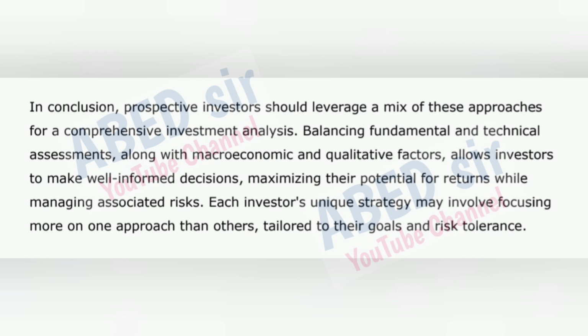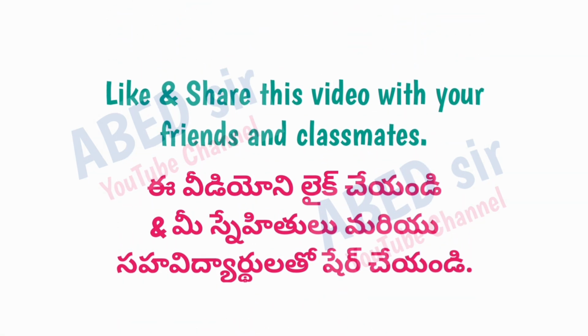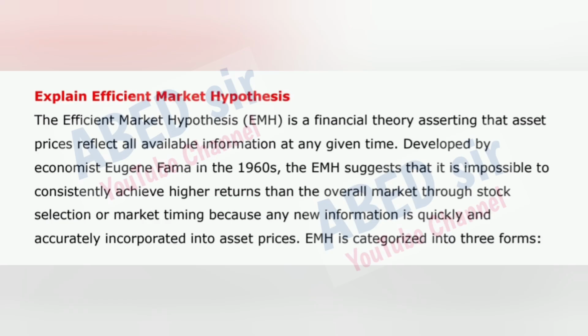Next important long question is: explain efficient market hypothesis. The efficient market hypothesis, EMH, is a financial theory asserting that asset prices reflect all available information at any given time.